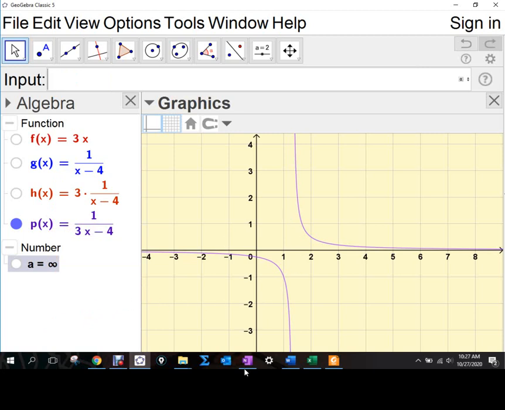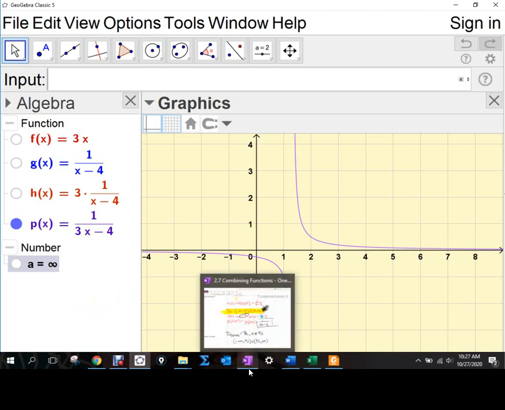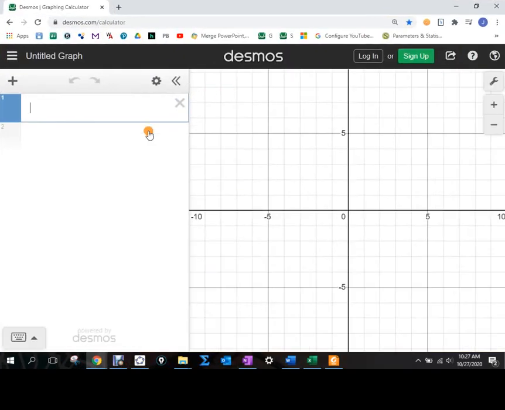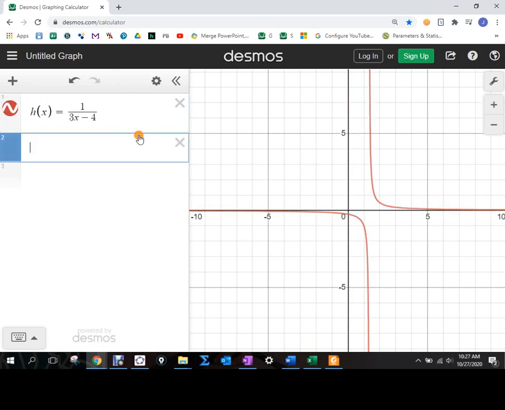So when you're using GeoGebra, I don't know what Desmos does, if we were to ask, let's just check, we've got time. If I say let's call it h of x is equal to 1 over 3x minus 4. I don't know if I can ask it h of 4/3.